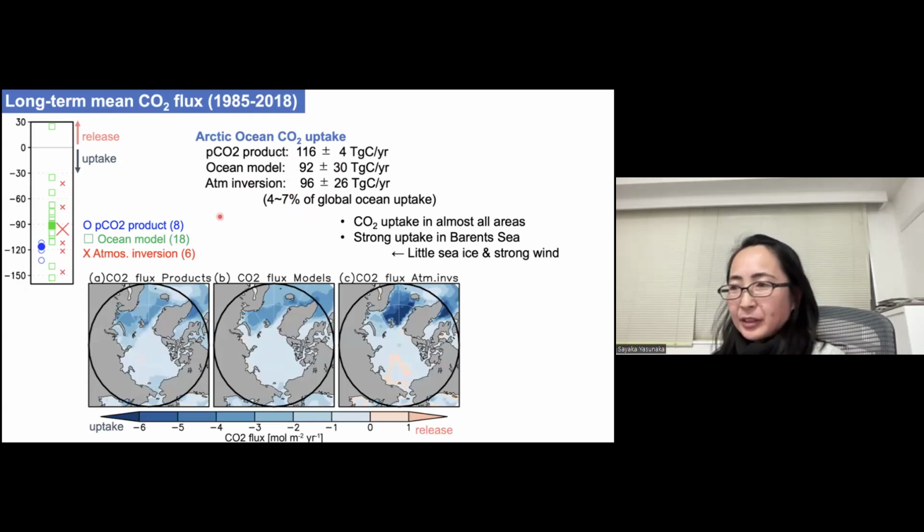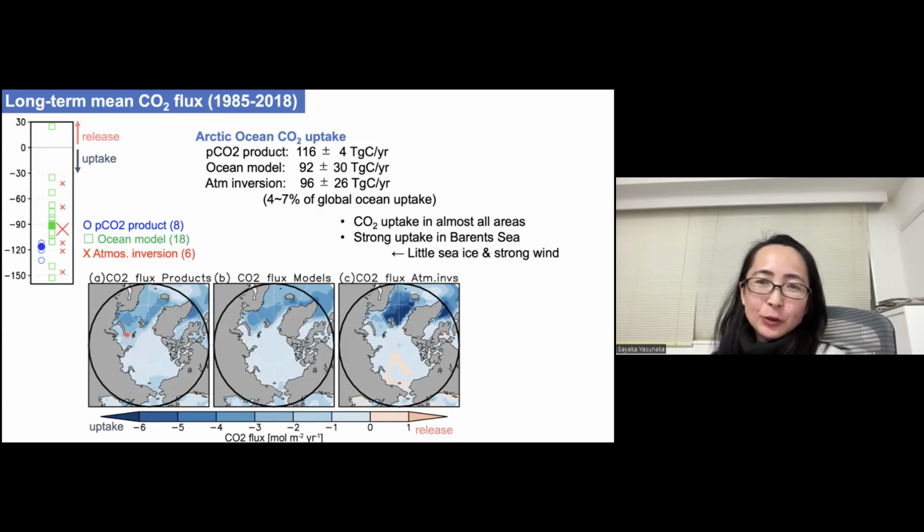And this is the spatial variation. Again, negative numbers mean CO2 uptake to the oceans, and we can see CO2 uptake in almost all areas in all categories.